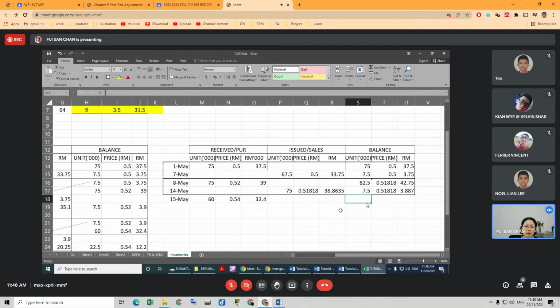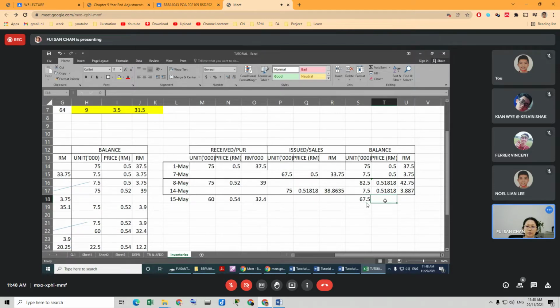So I got a balance of 7.5, and then I have a new purchase. So 7.5 plus 60. Yes, 7.5, the remaining, plus my new purchase. So I have 67.5, right?